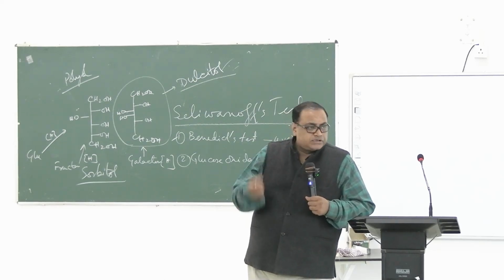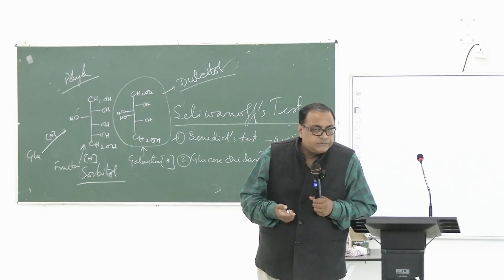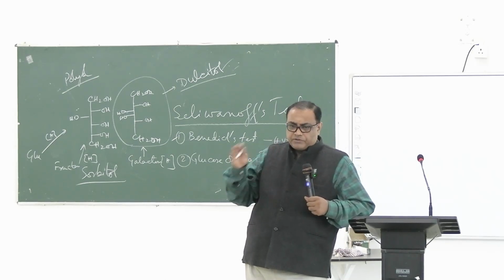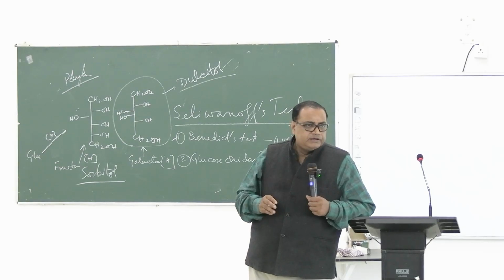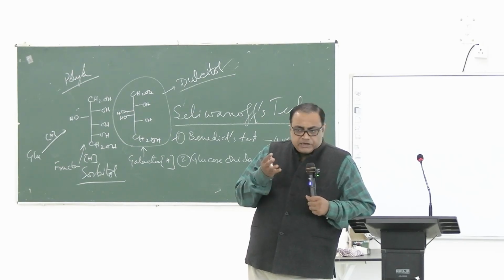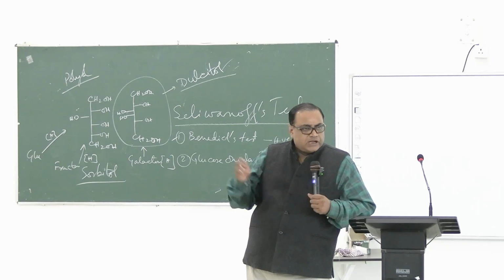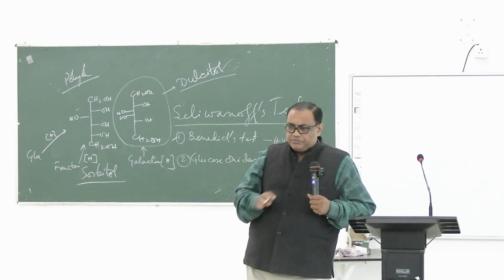So the rate of production of polyol will be high. If it surpasses the rate of excretion or drainage from the lens, what will happen? It will start getting accumulated in the lens. Slowly, it will swell up the lens and will damage the normal architecture of the lens.